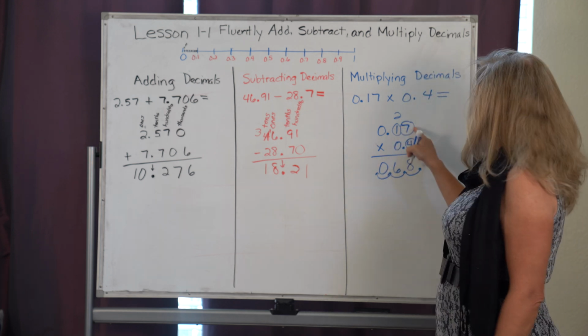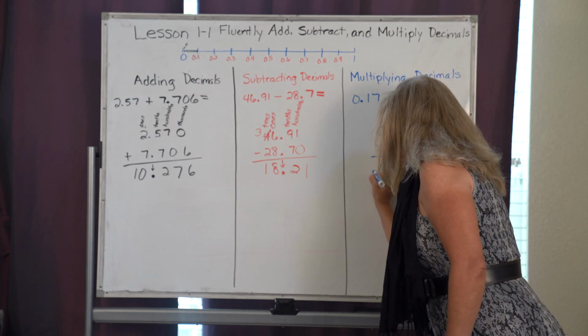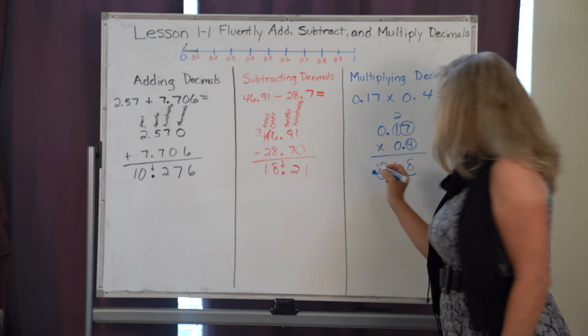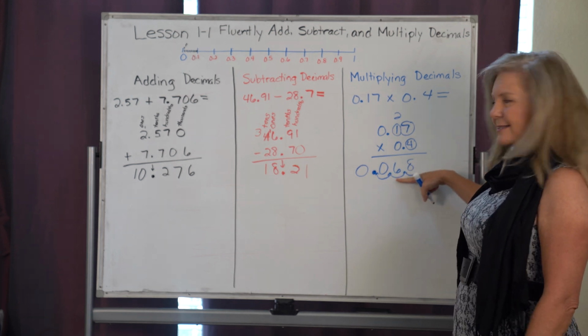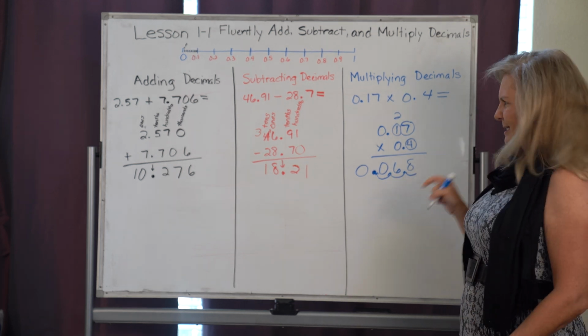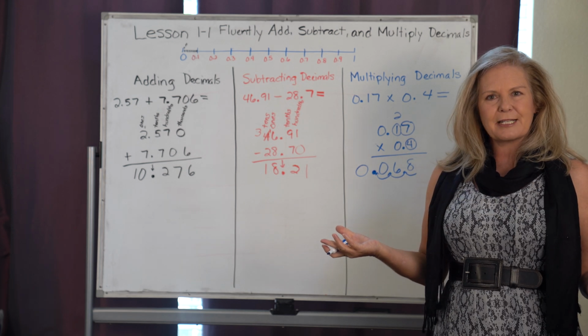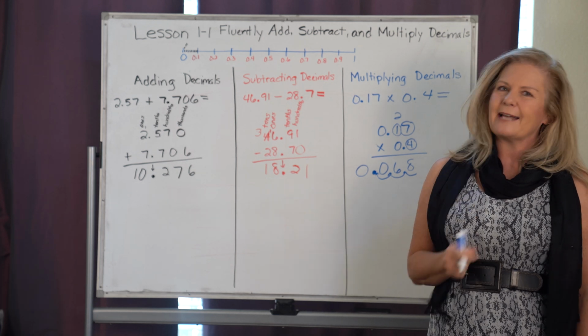And once I've moved it the same number of digits that I circled, all I have to do is put my decimal point there. Now, I like to put a 0 in the ones place, and then we can see that our answer is 68 thousandths. So I think that's about all we need to focus on for today. I think it's your turn now. Good luck. I hope you have some fun with math.